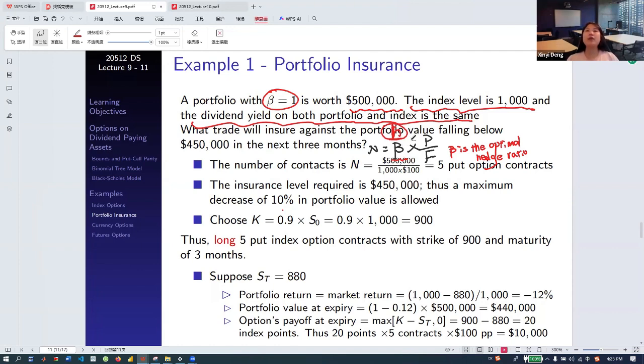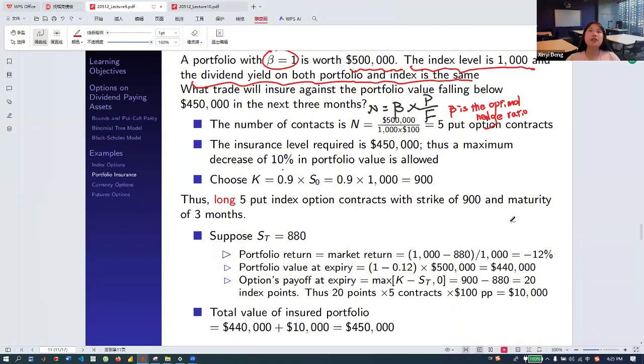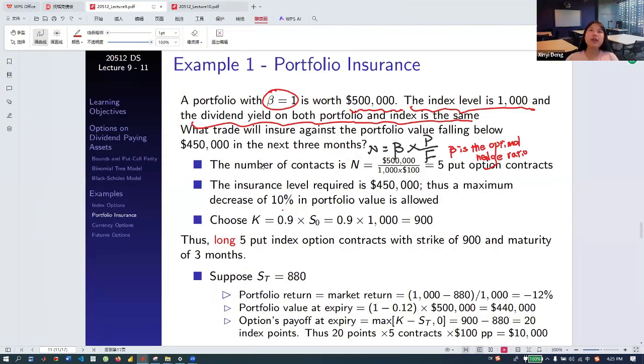For equity portfolios, that edge is equal to beta. And we are using beta times portfolio value, divided by the value of a single index option contract. Here, let me show you the calculation.